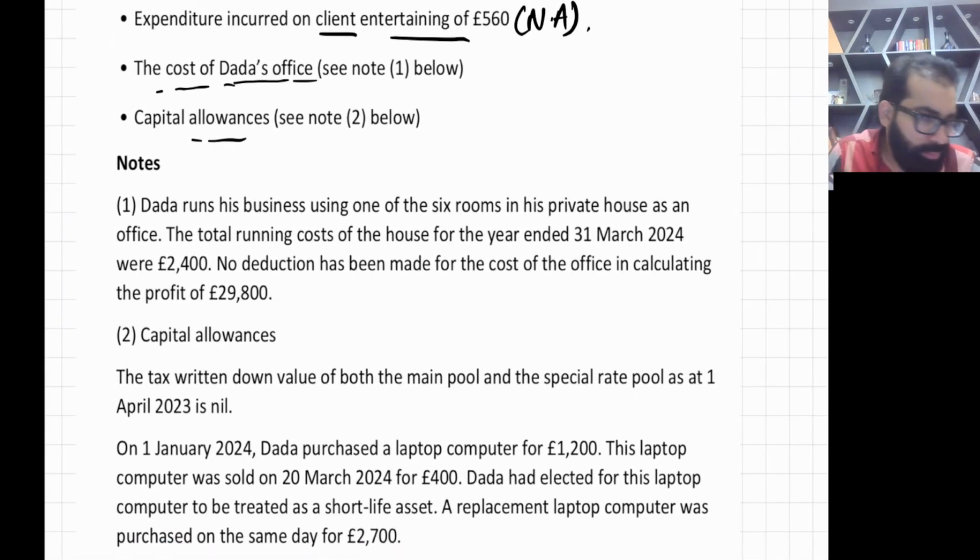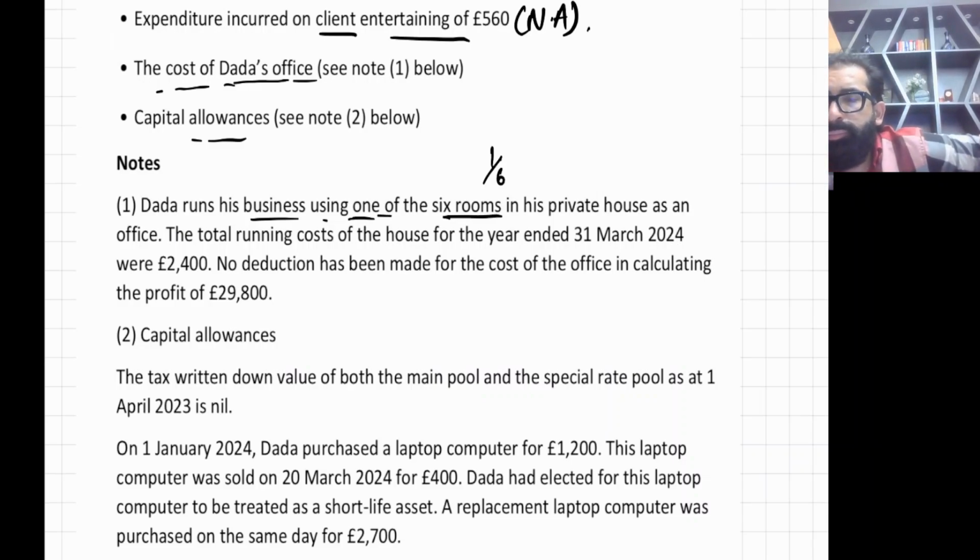Dada runs a business using one of the 6 rooms, 1/6, in his private house as an office. Total 6 rooms are there, and he's using only one room for business. So 1/6 is the fraction. The total running cost of the house for the year ended 31st March 2024 is 2400.